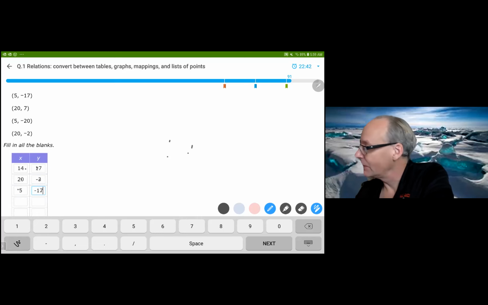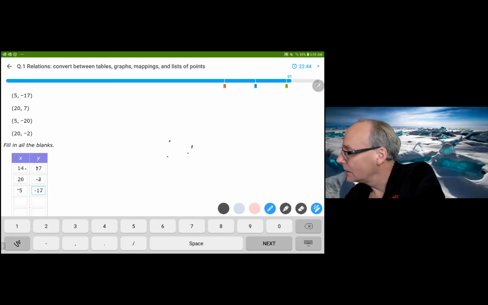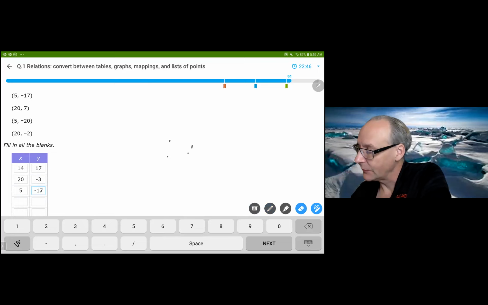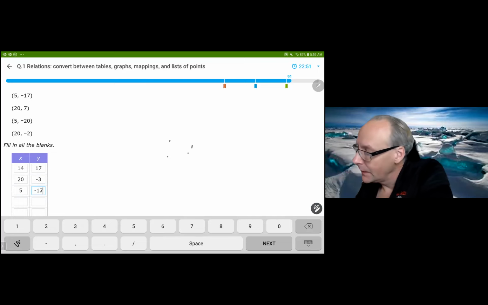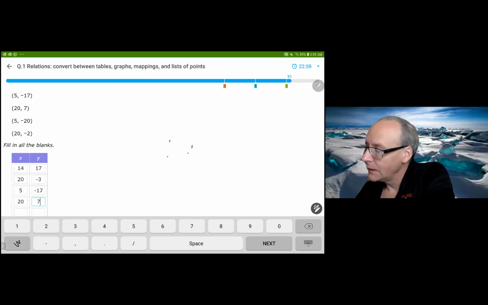Maybe I should erase these guys just to make sure I have them so you can see them better. I'll just get rid of that. There we go. And we have a 27, 20 going to 7. And we have a 5 going to negative 20.